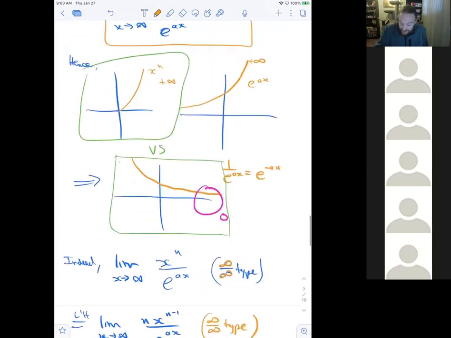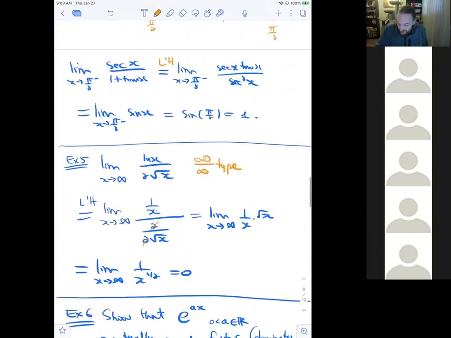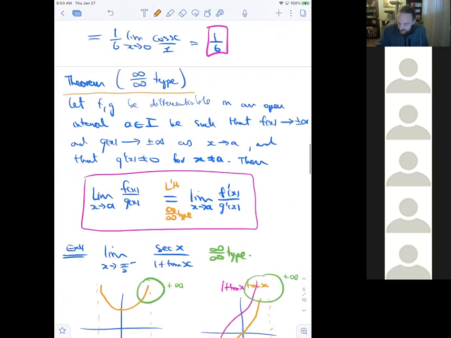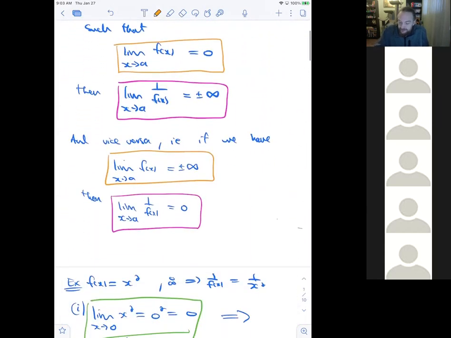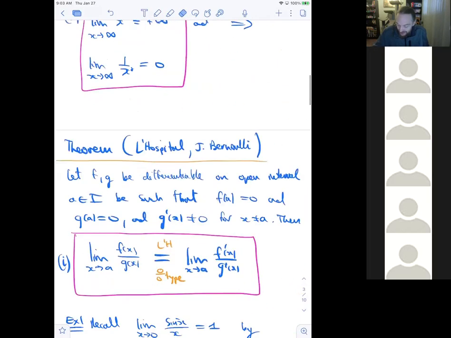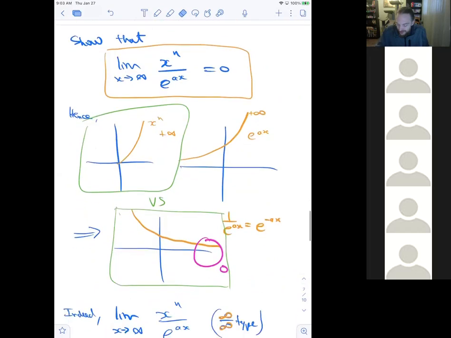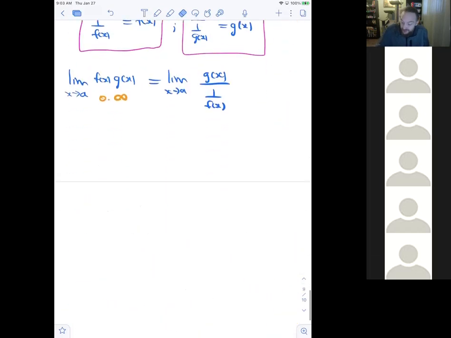And this was the key right at the beginning. If f is going to 0, 1 over f has to blow up to infinity. So what did that just turn this into? Infinity over infinity type. And then I can use L'Hospital's rule.